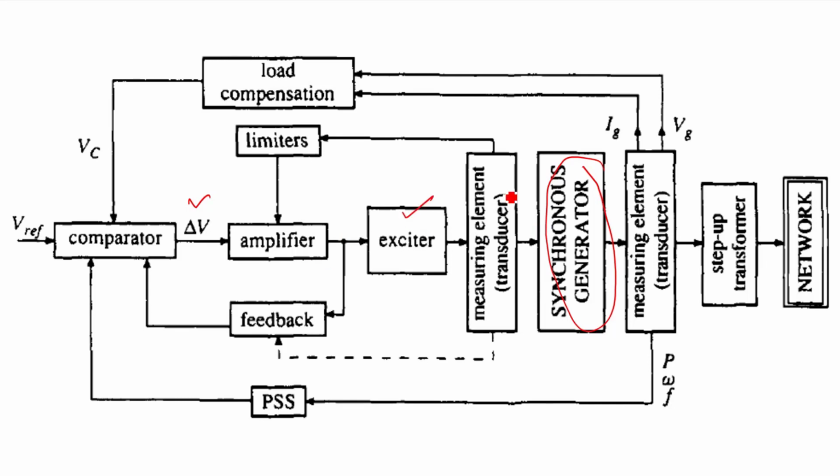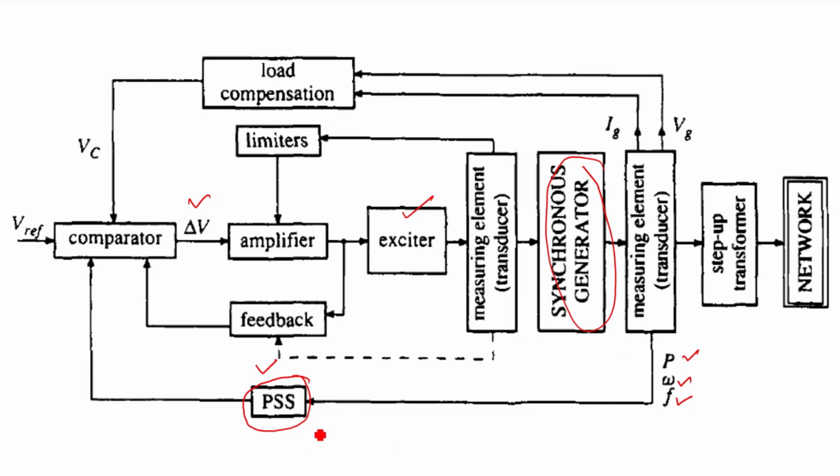Also, the exciter output is being measured through the limiters, and it is again fed through the exciter. Another block diagram shown here is the power system stabilizer. In fact, it plays a very important role. You will read about the power system stabilizer, and it needs signals in terms of power, omega, that is the speed of the generator, and frequency.